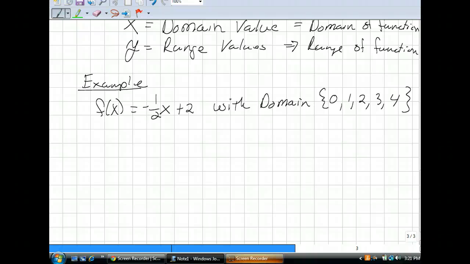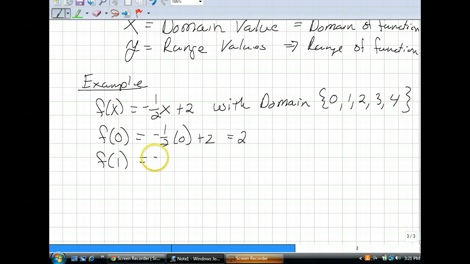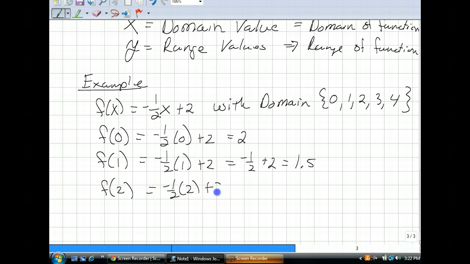So if I want the range, what I have to do is plug those in. So I do f of 0, okay, I do f of 1, okay, so that's negative 1/2 plus 2, so that's 3/2. f of 2 is negative 1/2 times 2 plus 2, so that's negative 1 plus 2 or 1. f of 3 is negative 1/2 times 3 plus 2, so that's negative 3/2 plus 2, so that's a positive 1/2.